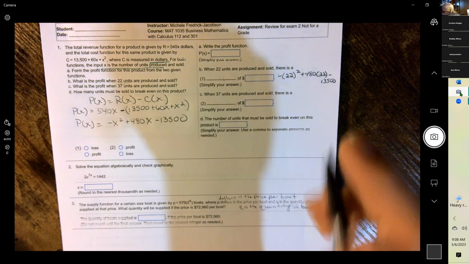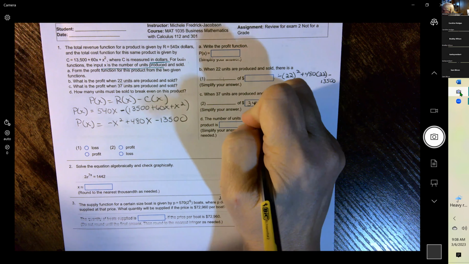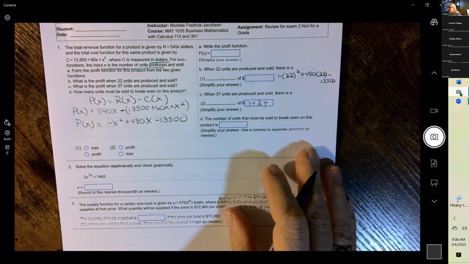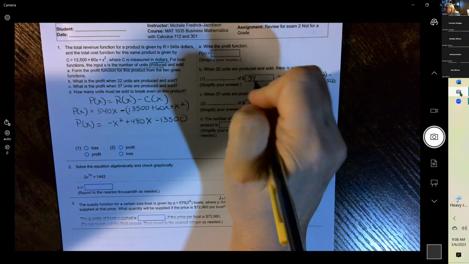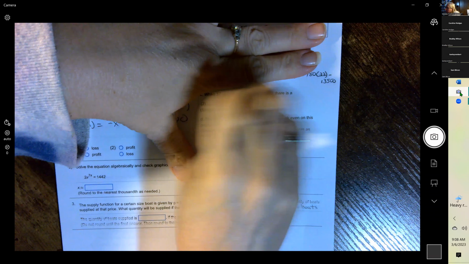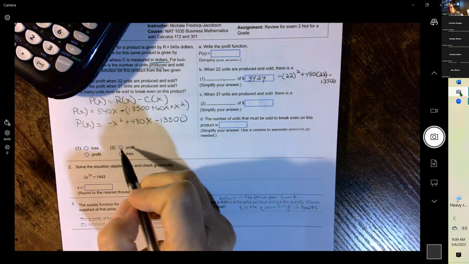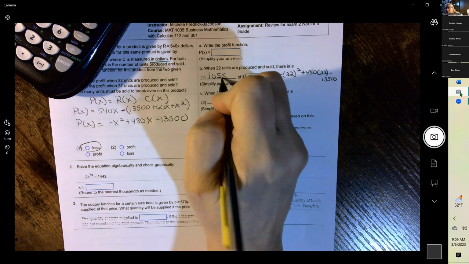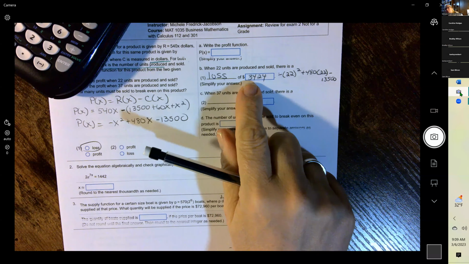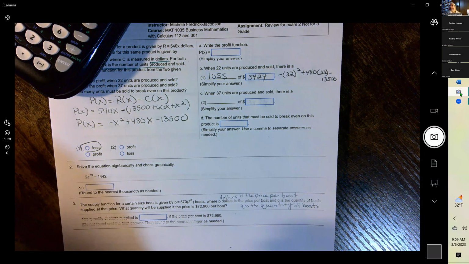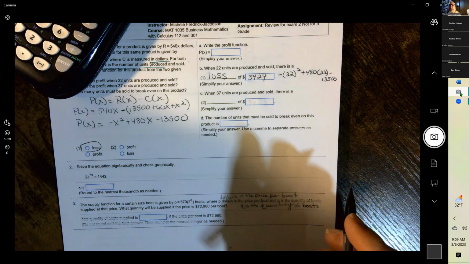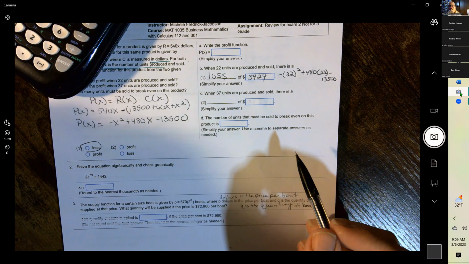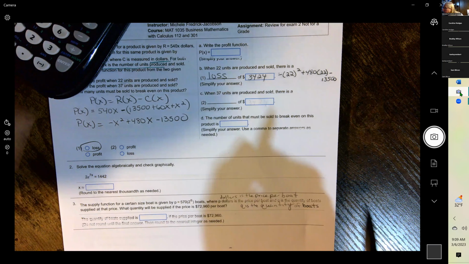You should get a negative 3,424. Oops, I put that down in the wrong one. That's a loss. Because it's a negative, it's a loss of 3,424. If it were a positive, then it'd be a profit. Any questions?